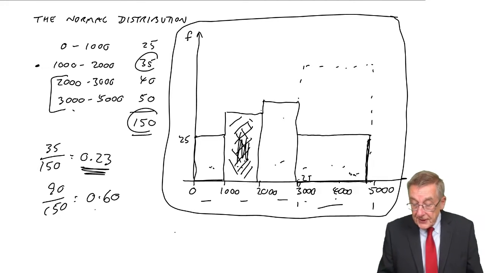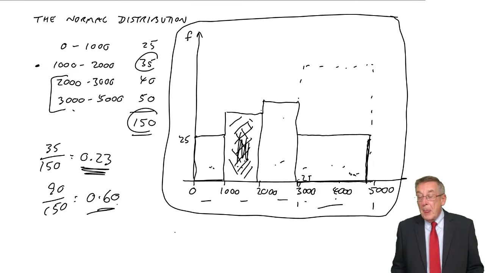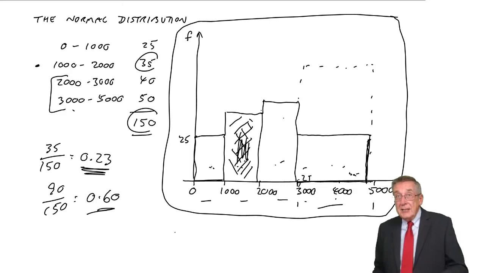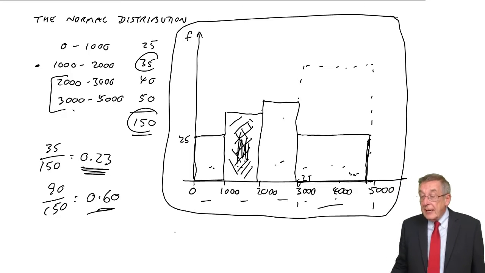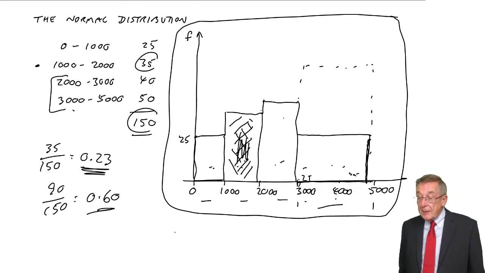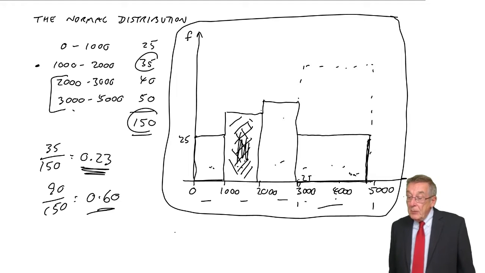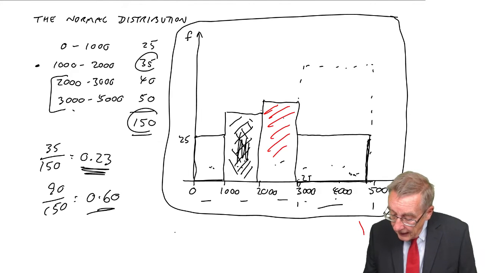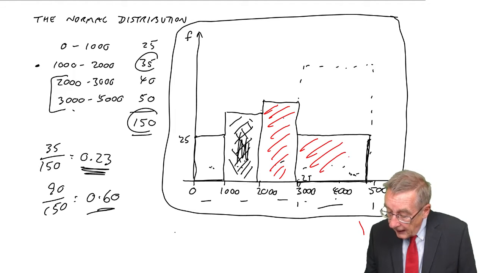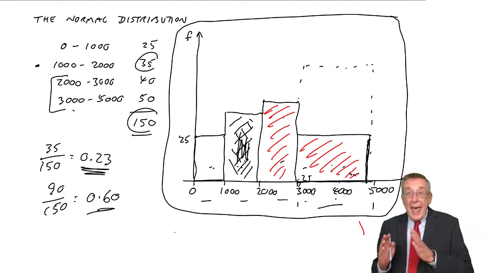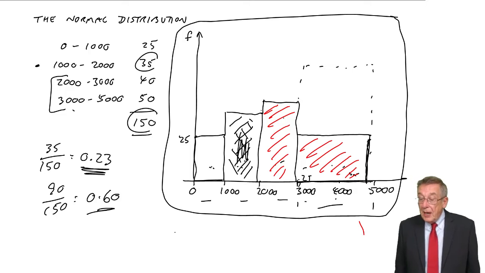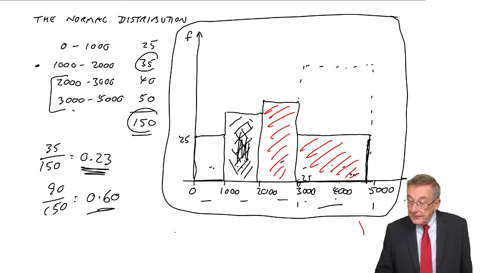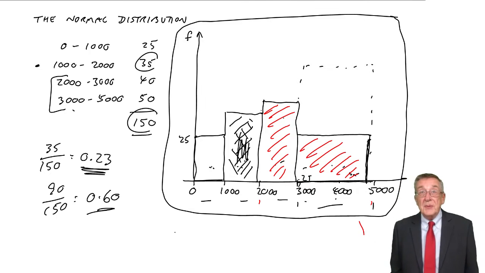It's 0.6 or 60%. But again, imagine that I hadn't given you the table. All I'd given you was a properly drawn histogram. Well, more than 2,000 is that bar and that bar. The total area of those two bars is proportional to the number of people between 2 and 5,000.